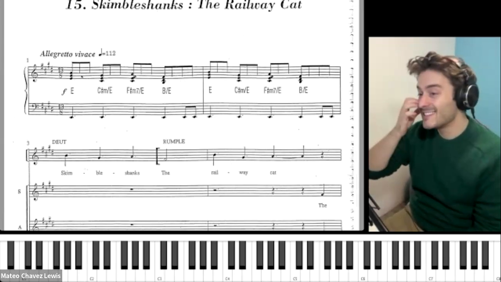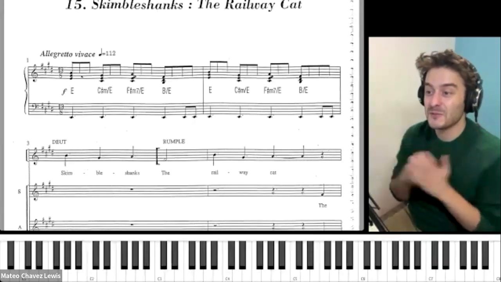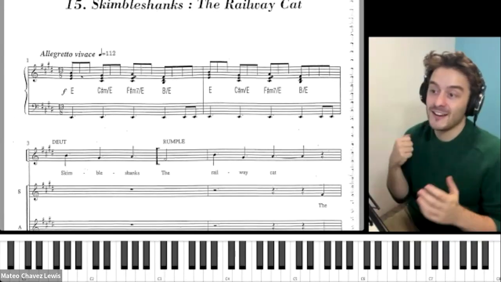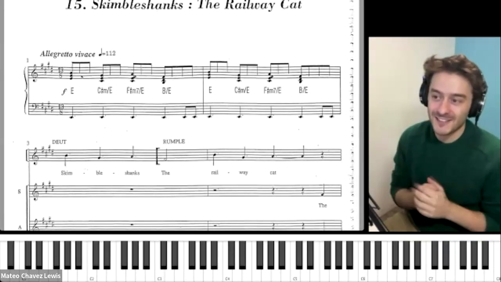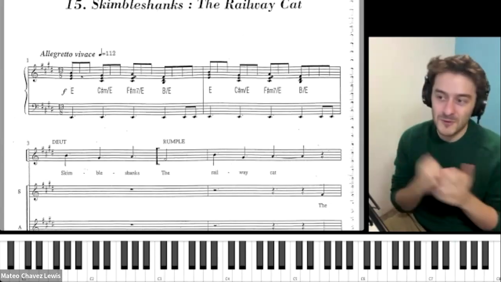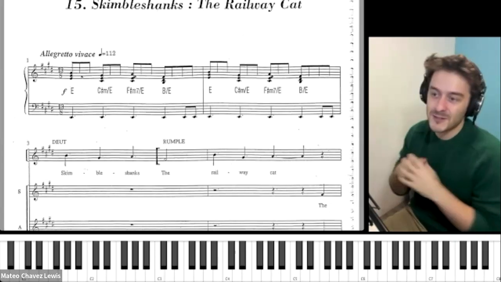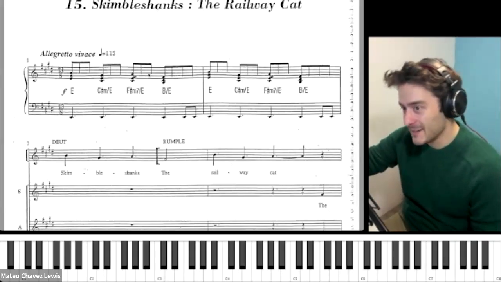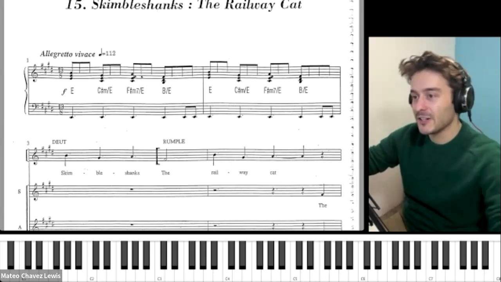So instead of 1, 2, 3, 4, what we get is 1 through 13, grouped as 1, 2, 3, 1, 2, 3, 1, 2, 3, 1, 2, 1, 2. And that all together adds up to 13. So it's this really weird time signature.